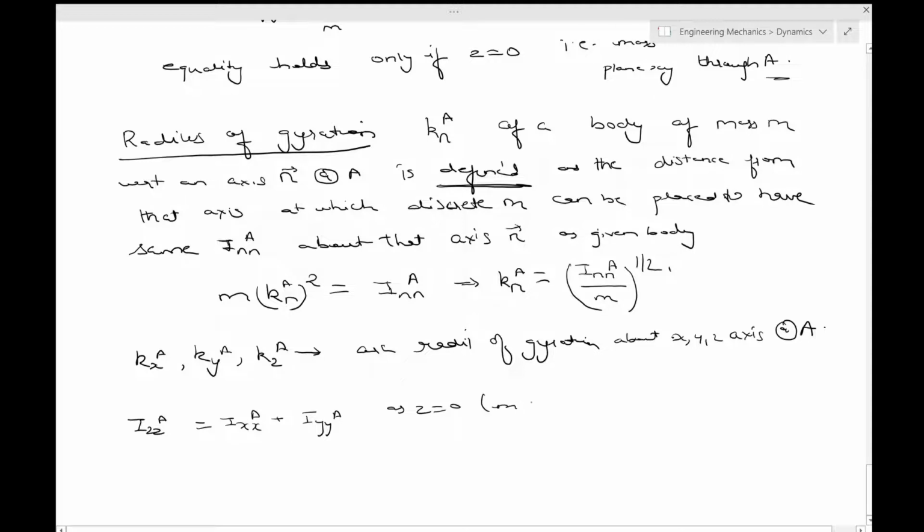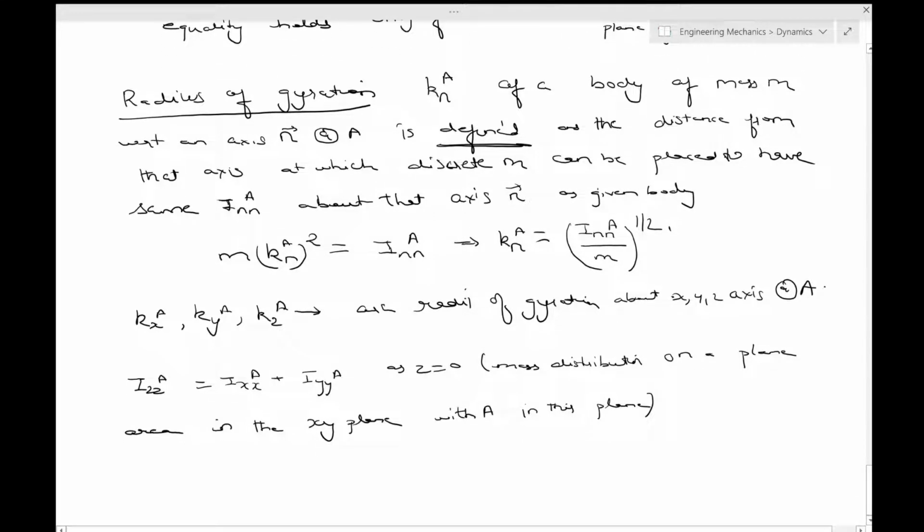Mass distribution on a plane area in the xy plane with A in this plane. Now this is not for any point.